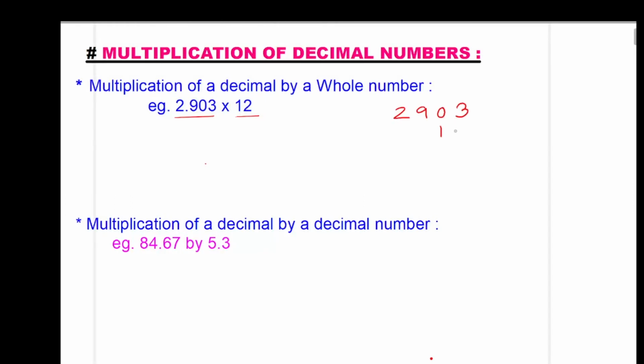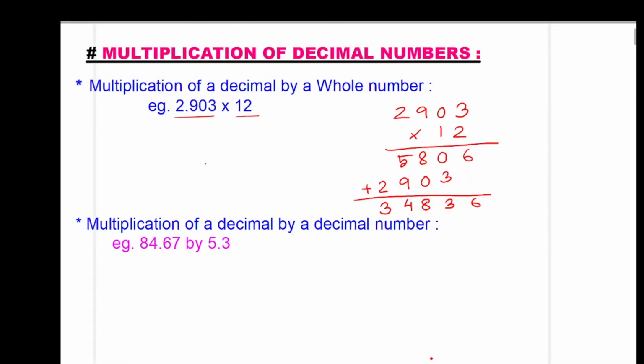2903 into 12. Simply when we multiply, what will we get? 3 2s are 6, 0, 9 2s are 18, 8, 1, 2 is 4, plus 1, 5. Then 3 0 9 2, 6 3 8. This is the answer.